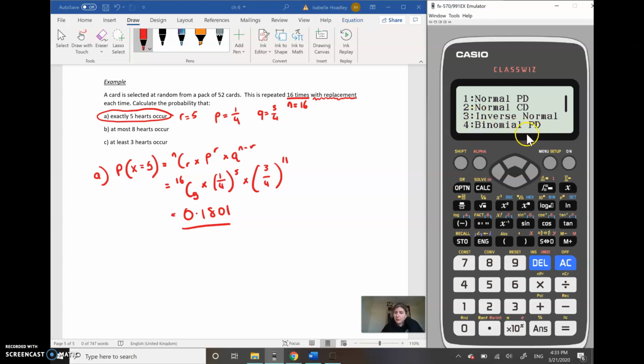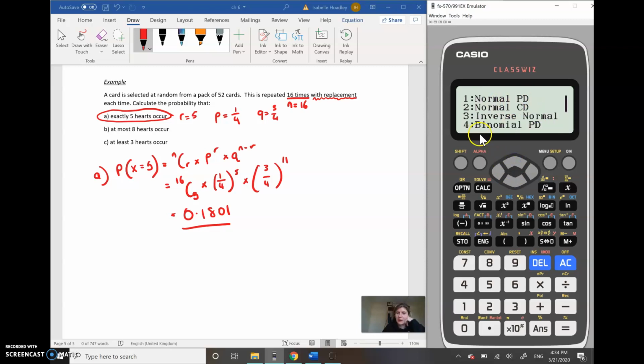Now, binomial PD refers to probability density. So when you want to find the probability of one single event, such as where x is equal to 5, you use PD. If you're looking at a greater than or a less than event, which is what we're going to do for B and C in this question, then you use binomial CD, and that's just the next one down if you use those arrow keys.